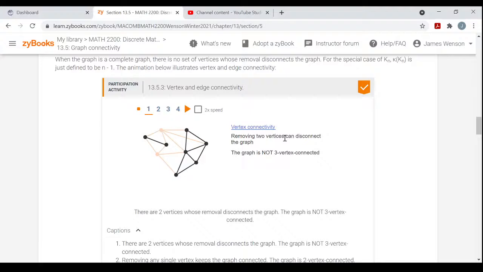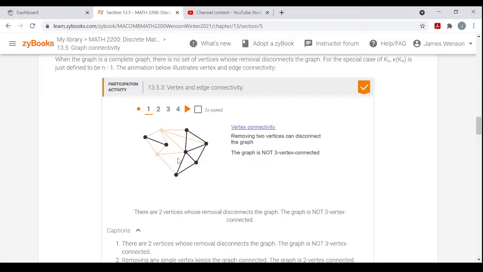So if I remove 2 vertices and the graph is now disconnected, we would then say the graph is not 3 vertex connected. Because if it were 3 vertex connected, that means I could remove any two vertices and it would still be connected, but we see that's not happening here.